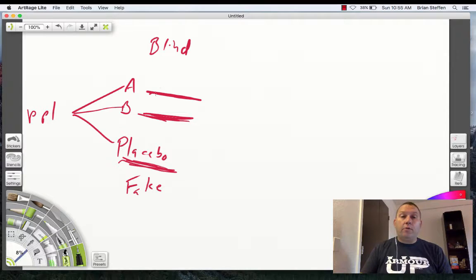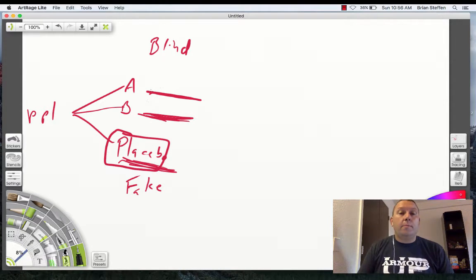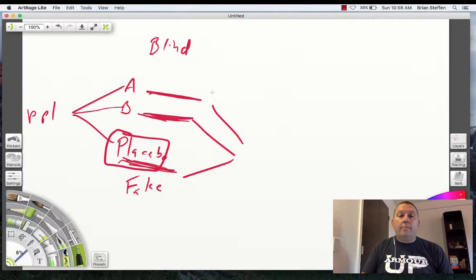That is, people can't know which one they're getting. Because if you tell them, hey, here's a pill that's fake, it doesn't do you any good. So you give them a pill and say it's the real thing, and then they get better. But then you still compare, and hopefully, when we compare at the end, A and B did a better job, quicker, or lasted longer than the placebo effect.